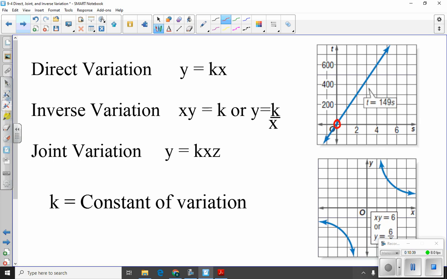Likewise, inverse variation, the graph of that is going to be irrational because you have an x on the bottom, and so there's going to be some asymptotes, and those asymptotes will always be your axes. And joint variation has 3 variables, so you would need a 3-axis grid to graph those, so you won't usually be graphing those unless you're working on some isometric paper.